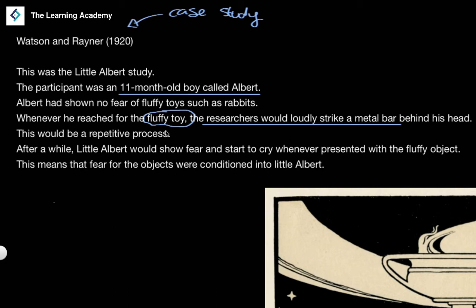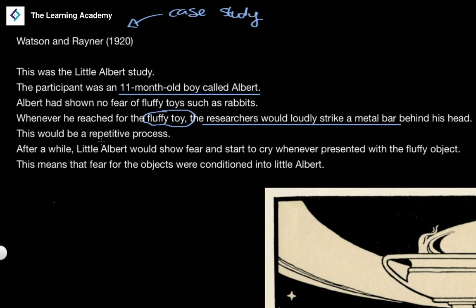We've then introduced a secondary stimuli, a conditioned stimuli, something that we want to condition. And this is the loud striking of the metal bar. And we're trying to condition the behaviour, or condition the emotion of fear into the child.